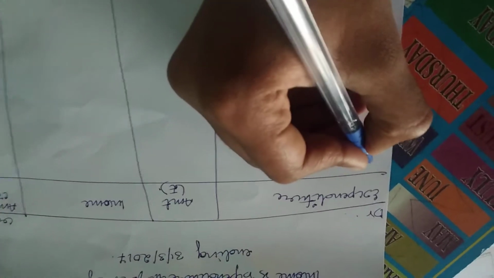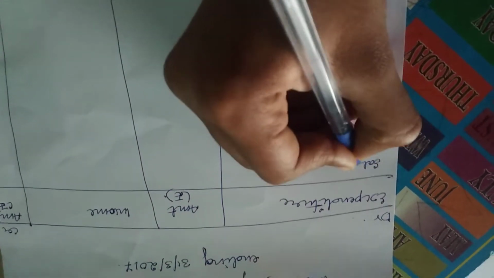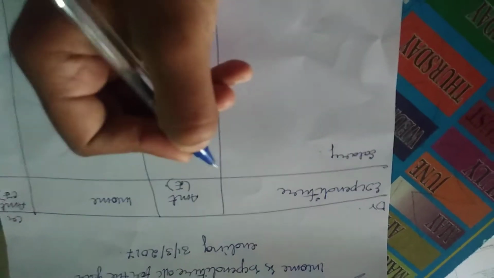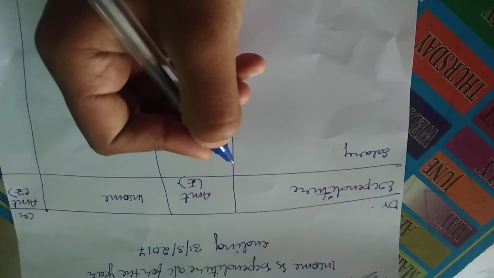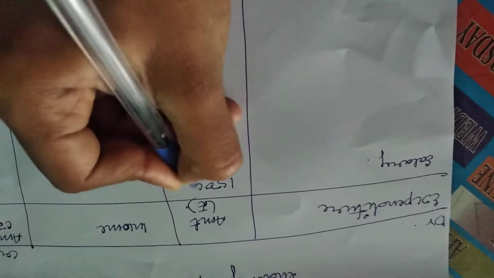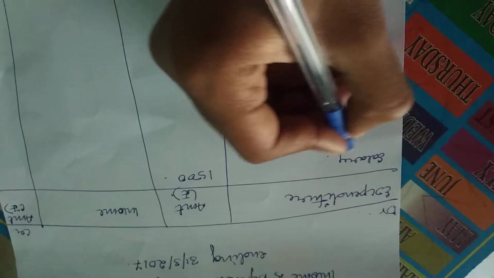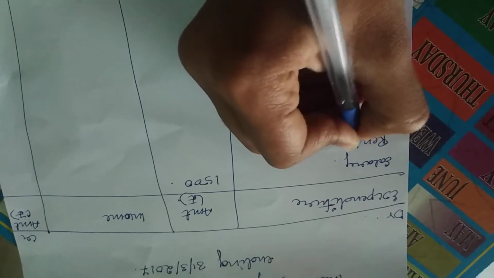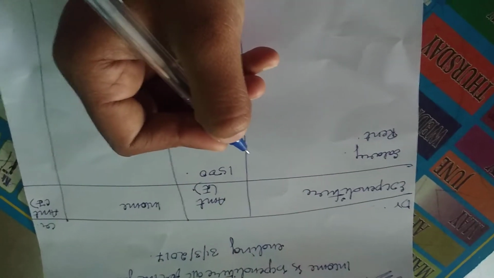Let's go one by one. First, let us see all the payments which have to be transferred to the expenditure account. See the problem. The very first item is salary. Salary is an expenditure for us, which we have to pay, so it is 1,500. The next one is rent, which is also a payment and an expenditure for us.